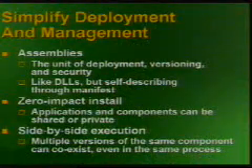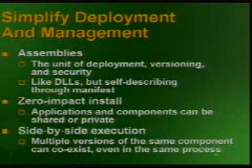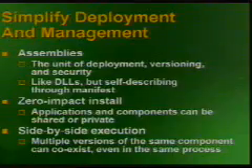Another design goal that we had was to simplify deployment and management. And a word you'll hear over the course of a lot of the talks here at the conference is this thing that we call assemblies. And assemblies are really sort of the physical packaging of your code. They're the unit of deployment and versioning and security in the .NET framework.